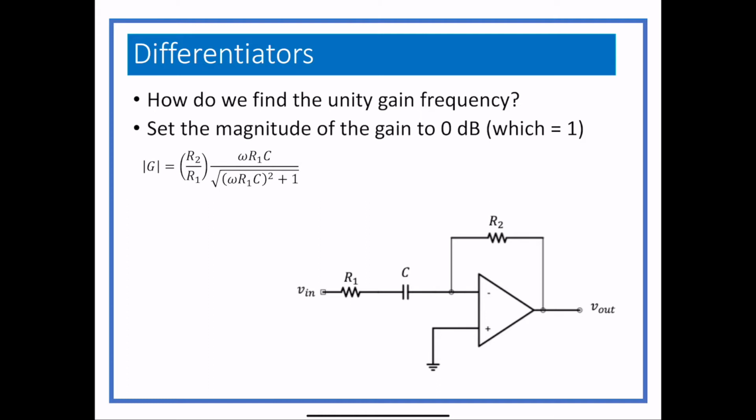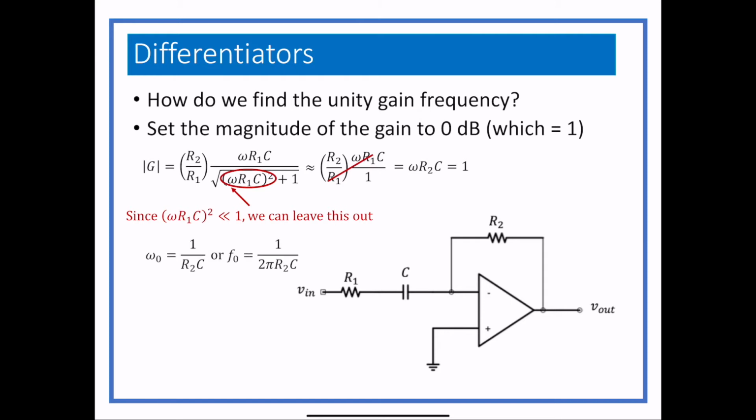And this time, (omega R1C) squared is going to be a lot less than 1, so we can eliminate that from the equation, which makes it much easier. We can say that it's approximately equal to R2 over R1 times omega R1C over 1. We can get rid of the R1s, and we end up with omega R2C equals 1, which solves for the unity gain frequency.